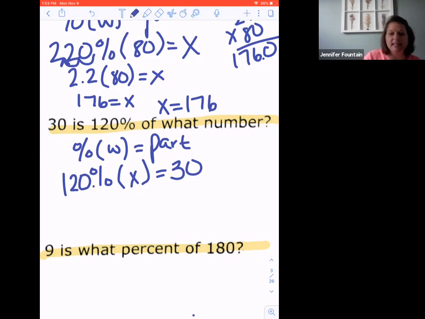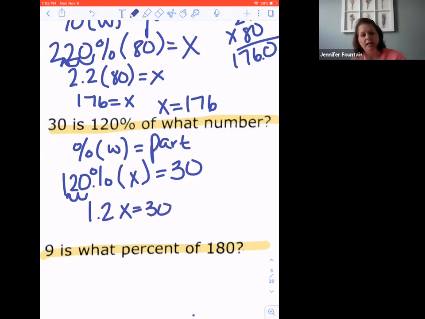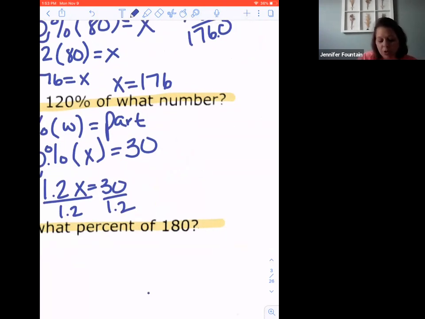My decimal is at the end of 120, so I move it 2 places to the left and drop my percent sign. So it is 1.2X equals 30. I am multiplying 1.2 and X, so to undo it, I need to divide by 1.2. Now to divide 1.2 into 30.